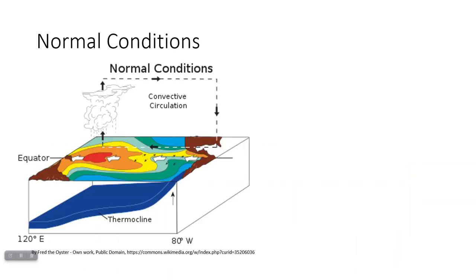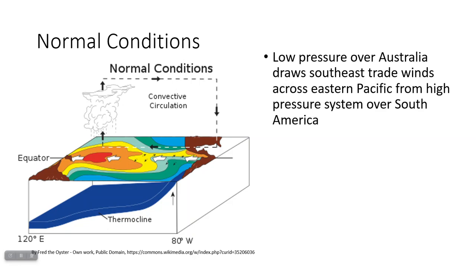So before we can go into what El Nino and La Nina do to the Pacific Ocean, let's talk about what normally happens. In normal conditions, there's a low pressure system over Australia that draws winds, which are the southeast trade winds, to go from west to east. And this happens along the surface of the ocean.